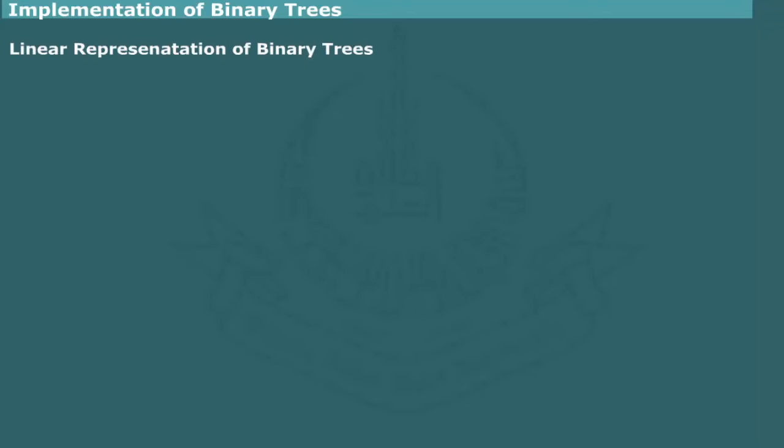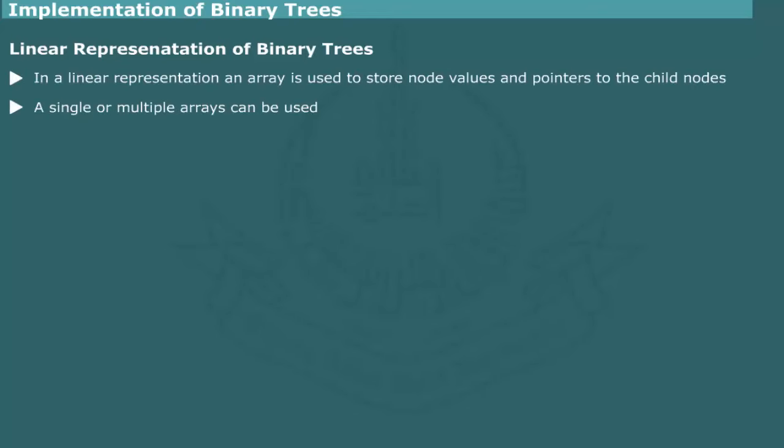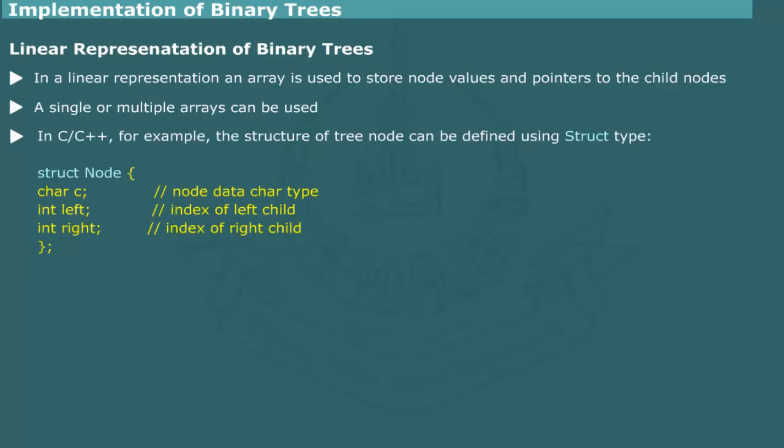Linear representation of binary trees. In linear representation, we store node values and pointers in array cells. To implement the array-based structure, we first define a structure of node in C++, as we use a single array of C++ struct data type. Each struct cell contains data and pointers to child nodes.